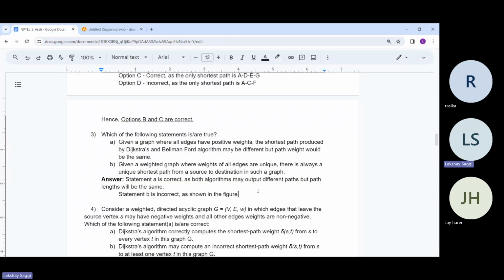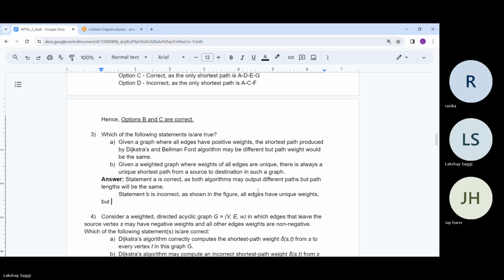In this figure, all edges have different weights, all edges have unique weights, but there are two shortest paths from A to C. And what are the shortest paths?